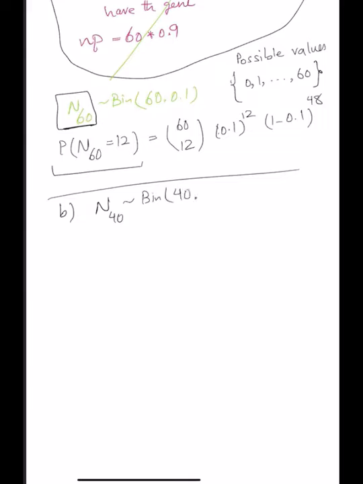P, the chance of success or having the gene, is still the same, 0.1. And what am I looking for here? Can you tell me what do I need to calculate? Expected value. Exactly, the average or mean or expected value of this random variable. And that's NP, 40 multiplied by 0.1.